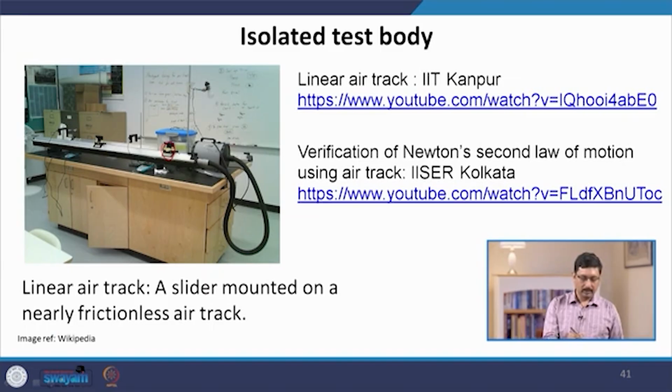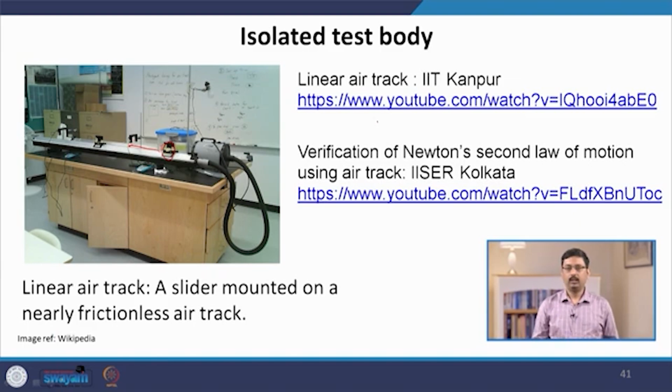Because of these air jets coming up, it is not in contact with the track itself, but it is floating in the air, and then it can move along the track in the horizontal direction. So, this is a simple system in which you can approximately turn off all the friction and the gravity, and so you can generate a condition in which no force is acting on your test body.